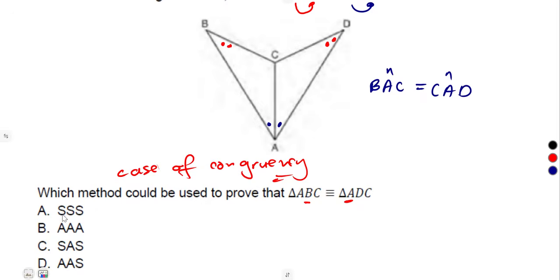Is it because of side? Are they the sides that we are given? We are not told about the sides. The only side that we know is the same is AC. It's a common one. So let us see what we are given.